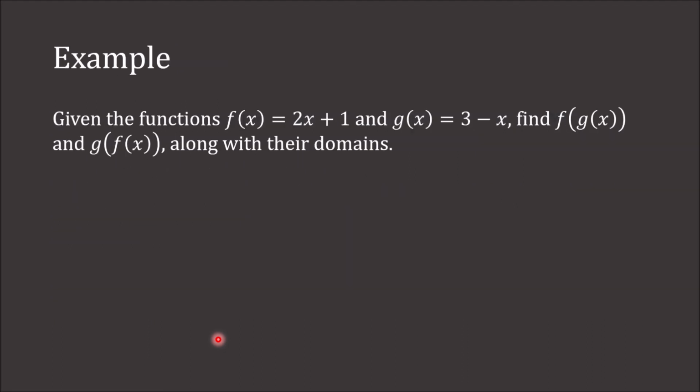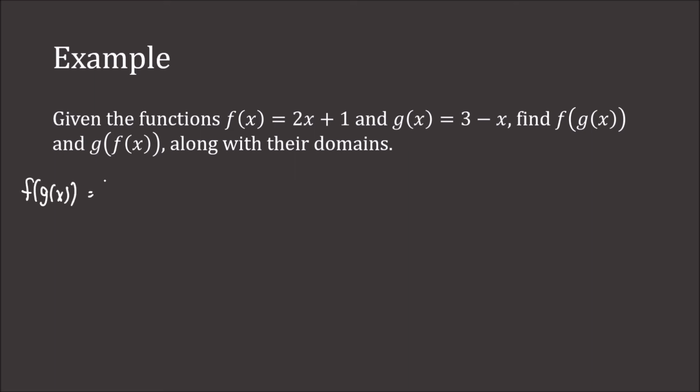So given the functions f of x is 2x plus 1 and g of x is 3 minus x, we're going to find f of g of x as well as g of f of x, along with the respective domains. First we'll look at f of g of x.